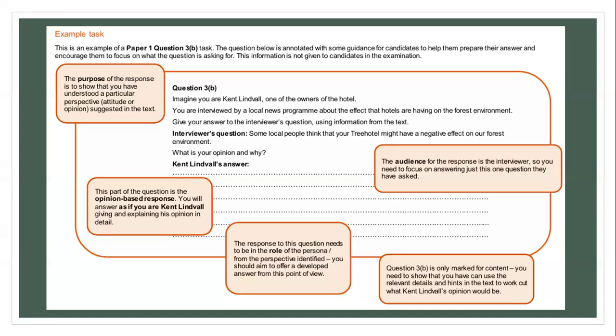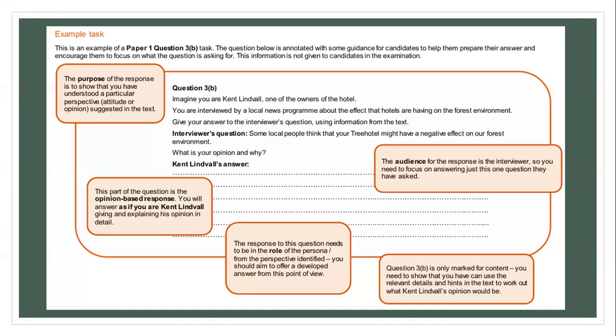So the guidelines have been mentioned over here. The specific purpose, as I have discussed, is that it is an interview-based question. It is an opinion-based response as well, which means that you can tailor your language accordingly to your specific audience.